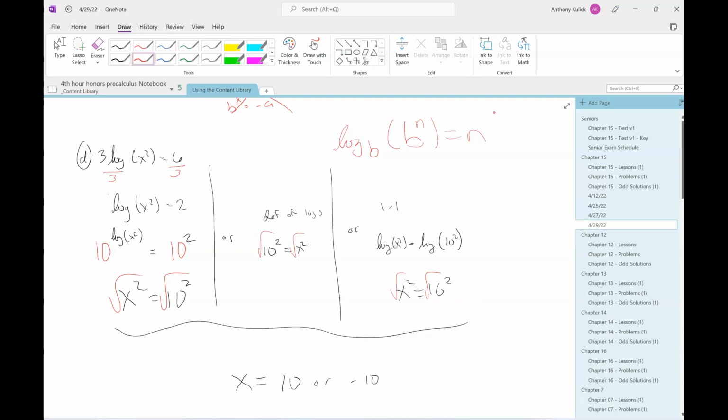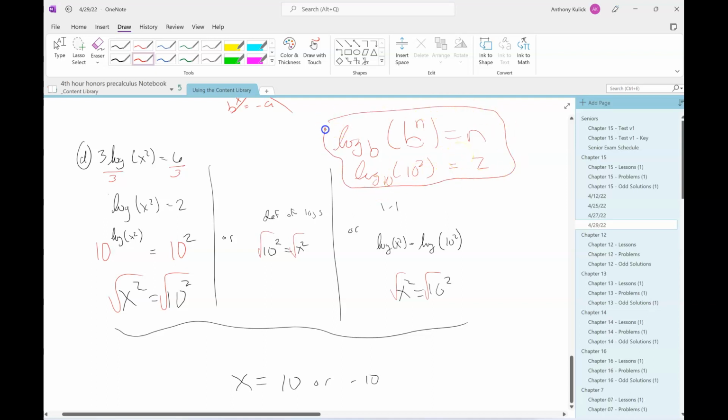That's all I'm using. So 2 would be log base 10 of 10 squared. Is it always going to be log base 10 when you do that? I wanted to match the log over here, so that's why I use 10. The 2 logs were the same log.